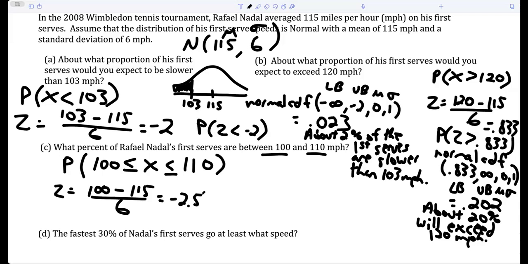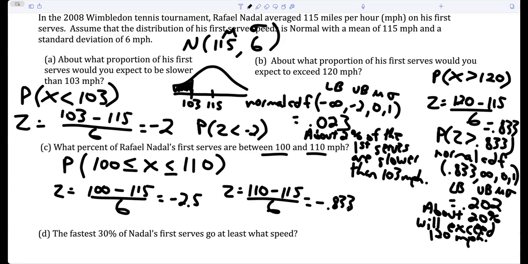So that's my z-score with 100. And now I'm going to find the z-score for 110. So we've got 110 minus 115 divided by 6, and that's -5/6, so that will be -0.833.